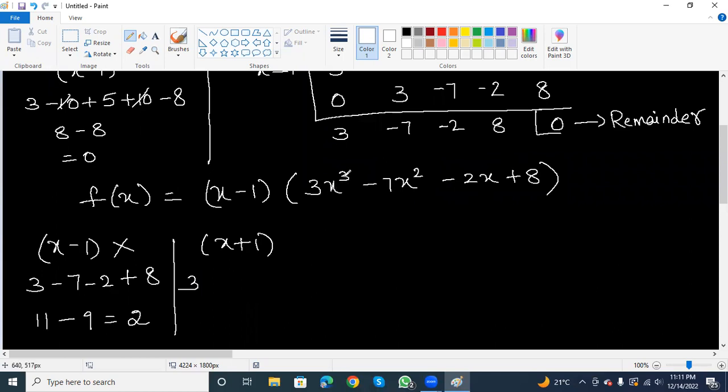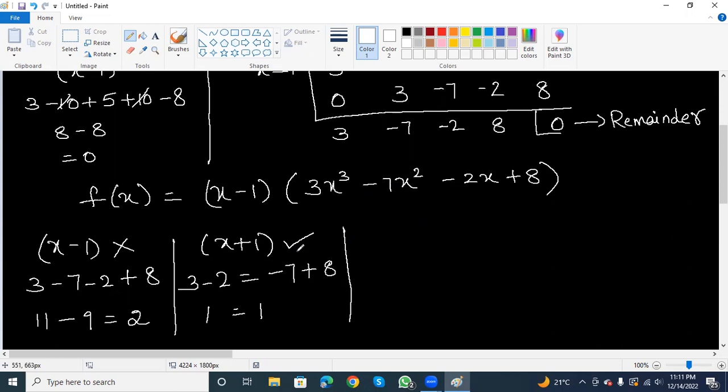This has the coefficient 3, and x power 1 is also an odd power, so we take minus 2, which is equal to the sum of even power coefficients. The even power coefficient is minus 7, and plus the constant. 3 minus 2 is equal to 1. Minus 7 plus 8 also gives 1.